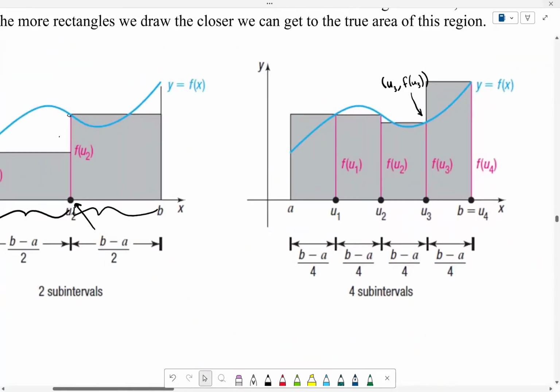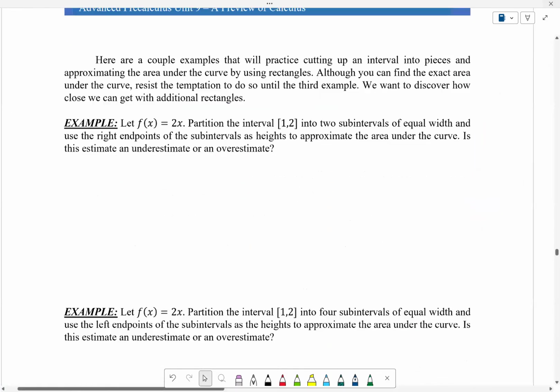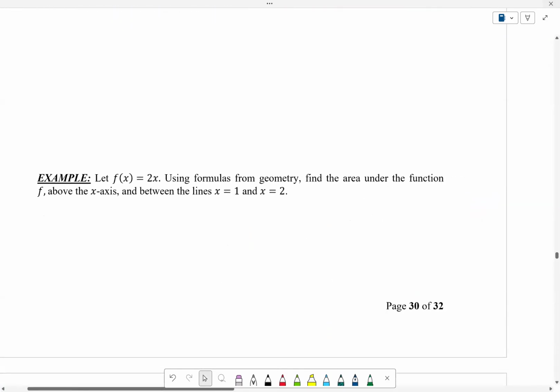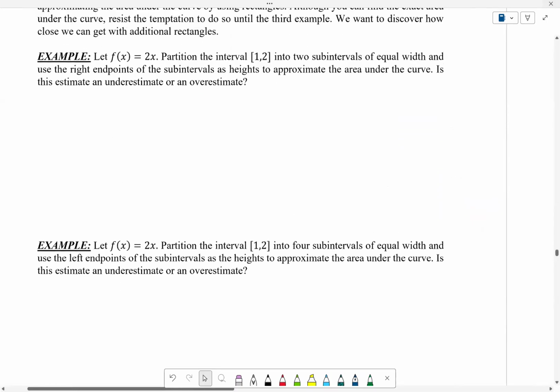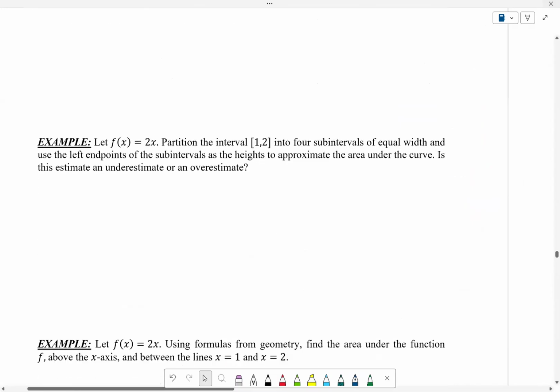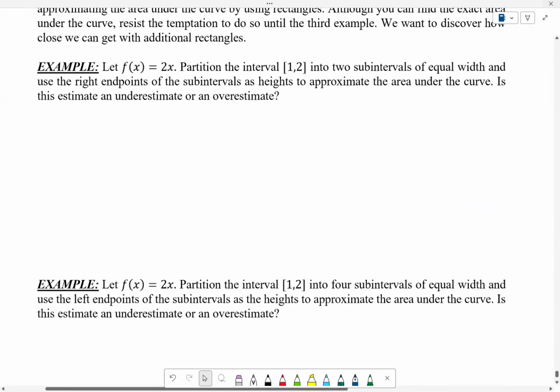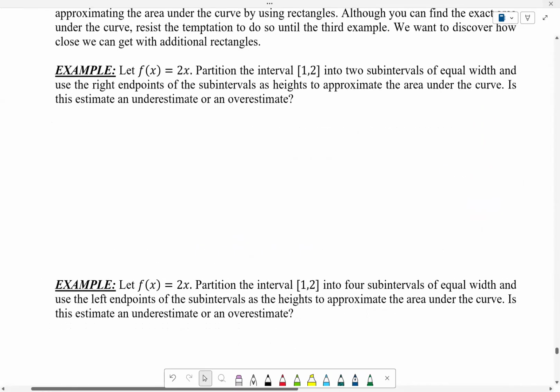Moving on. Okay, let's see. Do I want to do these? Yeah, let's do this. Okay, yeah, we can do this. Just the first example.